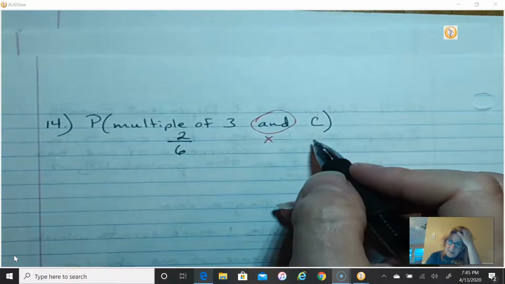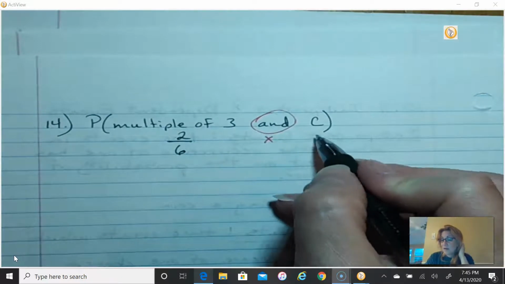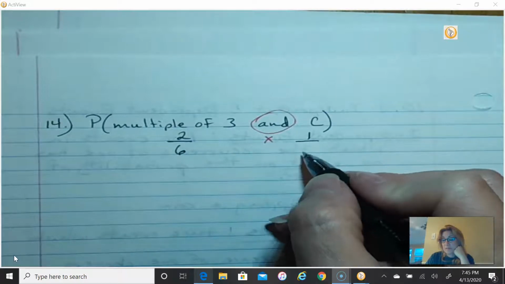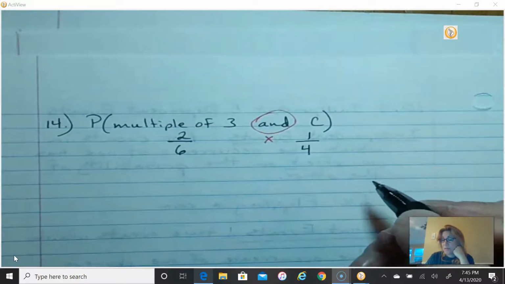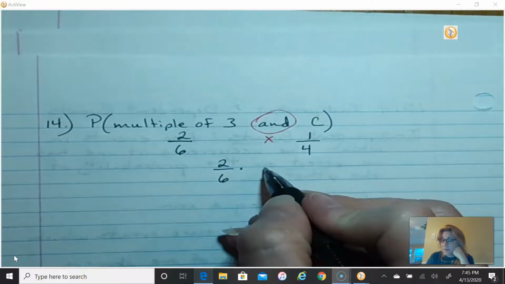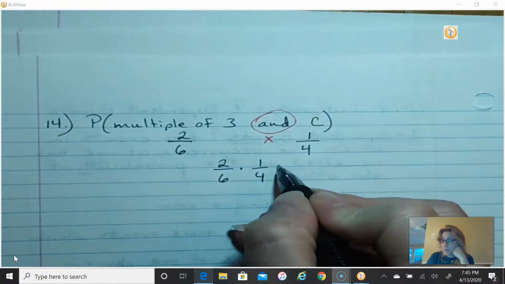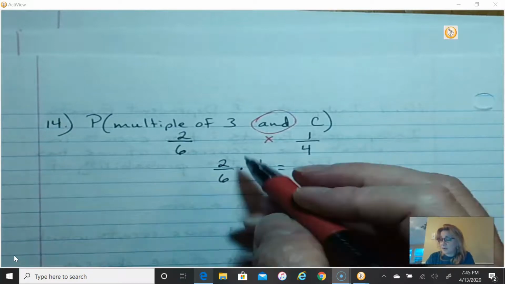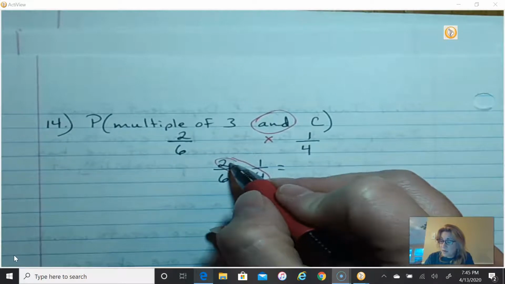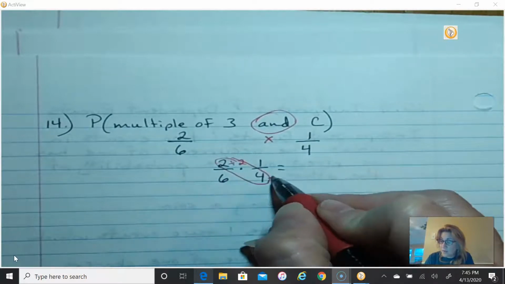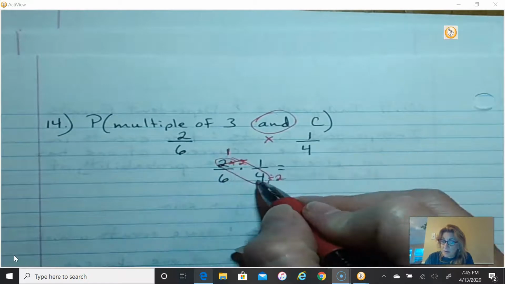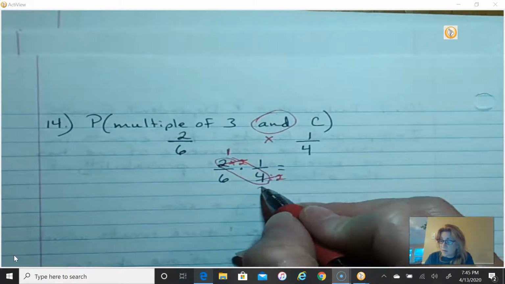How many C's are there in that other spinner? There's 1 out of how many total? 4. So I have 2/6 times 1/4. Okay, and remember we can do cancellation when we multiply. 2 divided by 2 and 4 divided by 2. 2 divided by 2 is 1. 4 divided by 2 is 2.